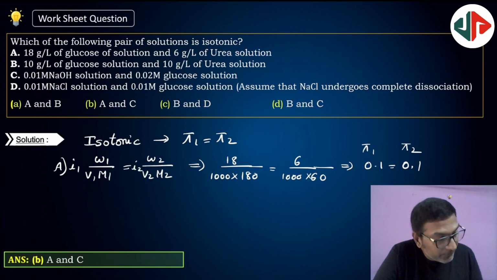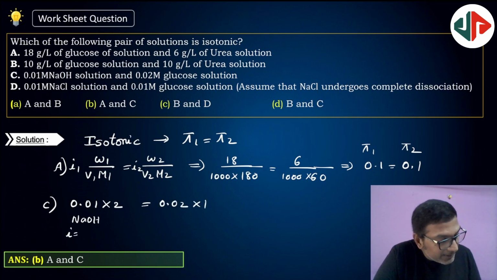Next, option C. Similarly, 0.01 molar means 0.01 into 2, this is for NaOH, Na plus and OH minus. Next, for this 0.02 into 1.